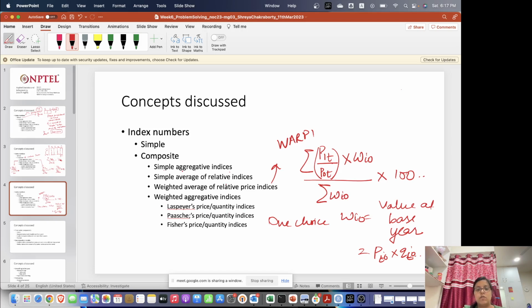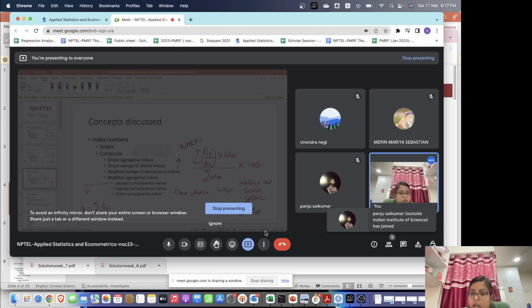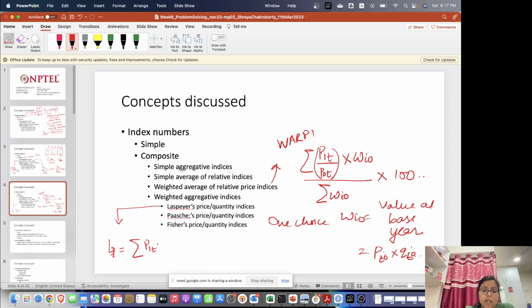Okay, so with this choice, the Laspeyres price or quantity index given by LP was nothing but summation P1T into Q0T by summation P0T into Q0T.